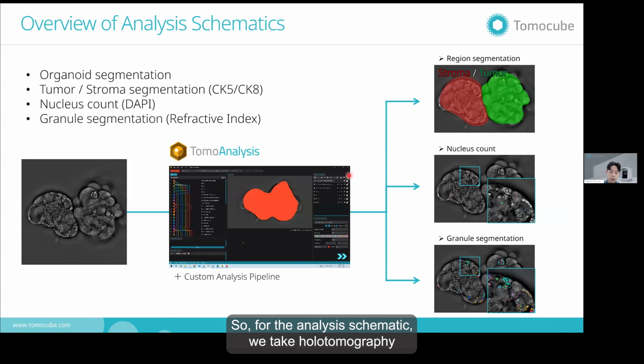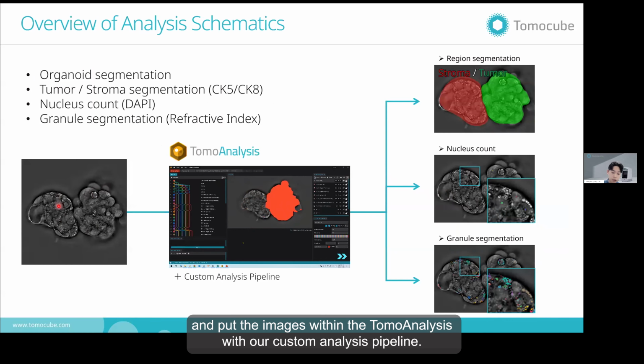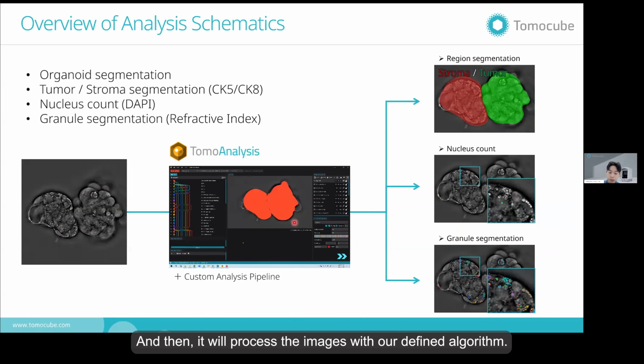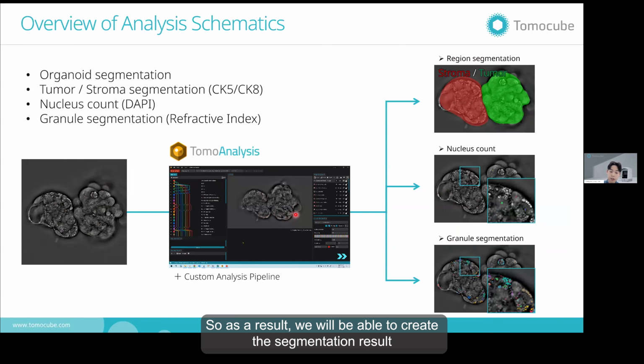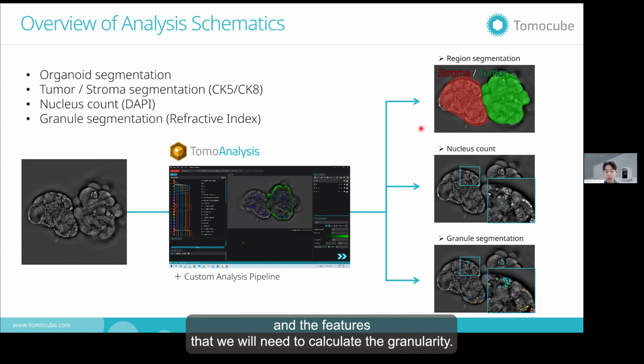So for the analysis schematic, we take the holotomography and put the images into TomoAnalysis with our custom analysis pipeline. It will process the images with our defined algorithm, and it will create the segmentation and the calculation results as well. As a result, we will have the segmentation results and the features that we need to calculate the granularity.